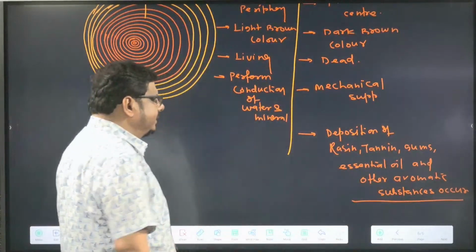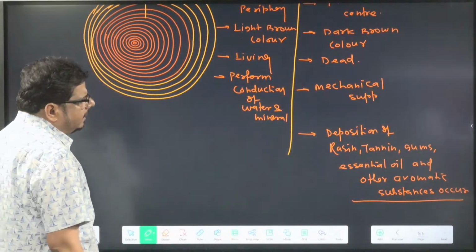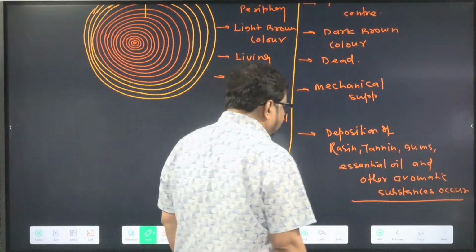Deposition of which ones? Resin, tannin, gums, essential oil, and other aromatic substances.